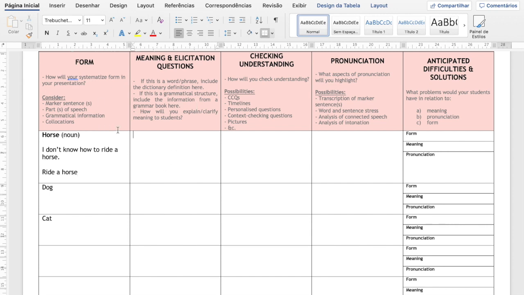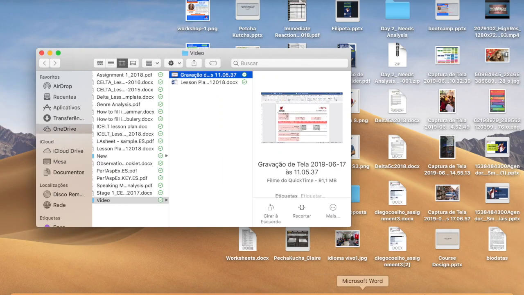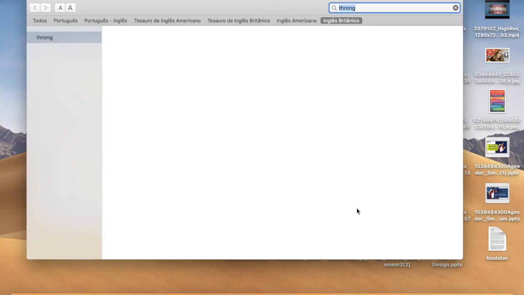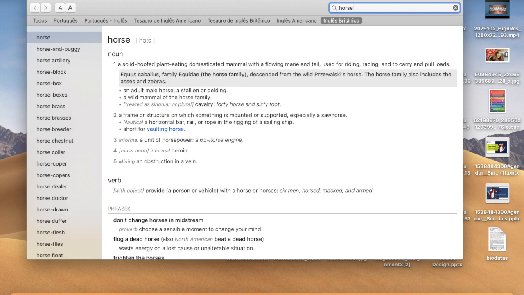The next column, you have meaning and elicitation questions. So here what you have to do is complete with the information that you can find in the dictionary or in the grammar book in the case of grammar. So if we are looking for the word horse in the dictionary, what we find is, let me copy and paste this.